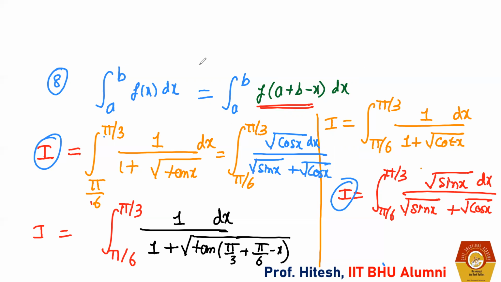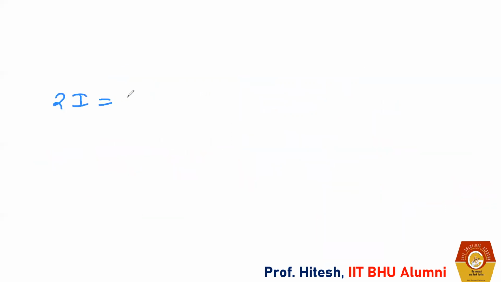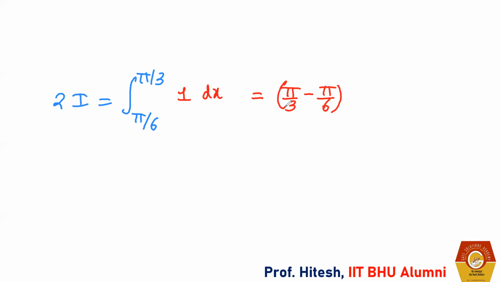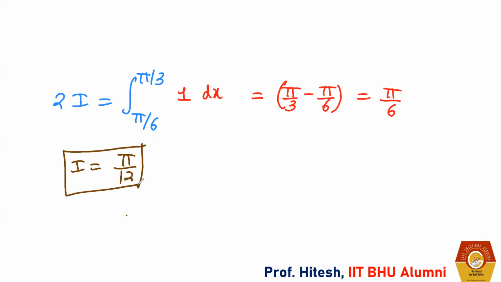So when you add these two, you will get 2I is equal to pi by 6 to pi by 3, and when you add this you will get 1. So it will be pi by 3 minus pi by 6 because the integration is x. So this is pi upon 6. So I will be pi upon 12. Okay, the property is similar.